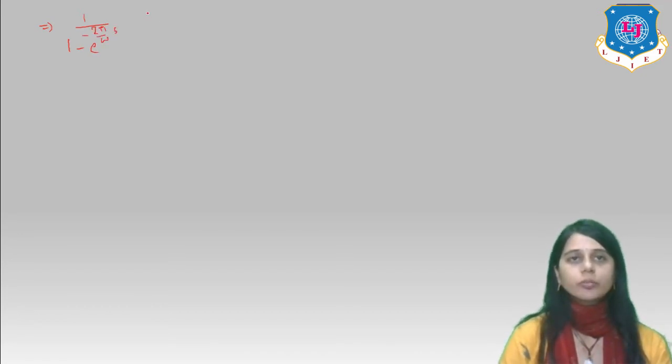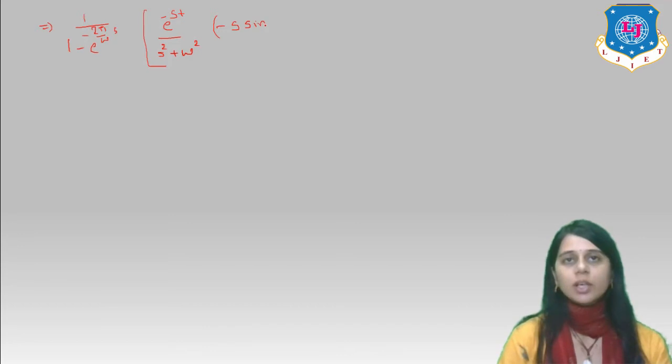So, we have 1 upon 1 minus e raised to minus 2 pi by omega s times the integration, which is e raised to minus st upon s square plus omega square, times minus s sin omega t minus omega cos omega t, with limits 0 to pi by omega.